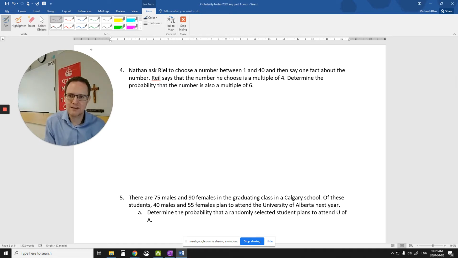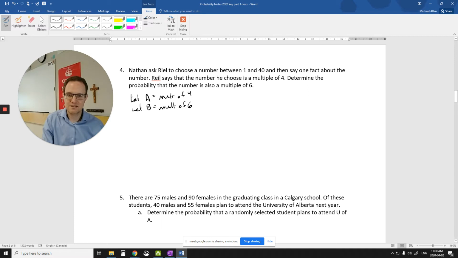Let's give it a couple statements here. Let's just say event A is the multiple of 4, and let's say event B is a multiple of 6. So remember the multiples of 4 are 4, 8, 12, 16, etc. Multiples of 6 would be 6, 12, 18, 24, right?